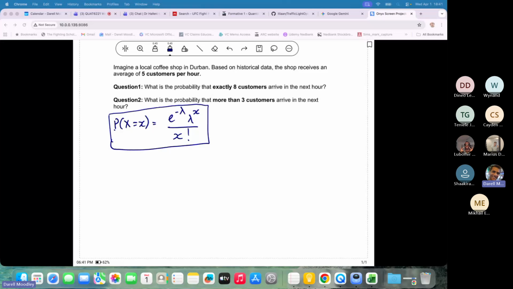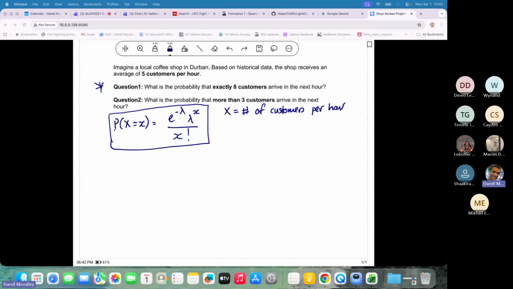So let's draw your attention to the first question. It asks, what is the probability that exactly 8 customers arrive in the next hour? So just like the binomial distribution, we need to let our x represent what we're interested in. So our x is the number of customers per hour.